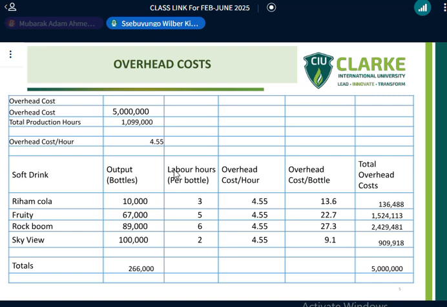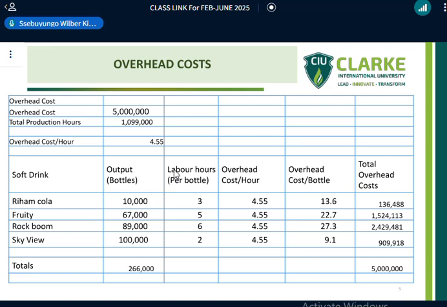Okay, now, what do we call an overhead cost? The overhead cost per hour that we're asking about, which is 4.55, we ask what is the overhead cost amount. The word cost covers the word amount. What's the overhead cost for the period?